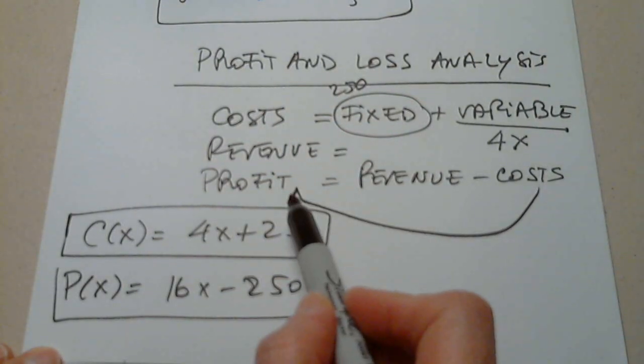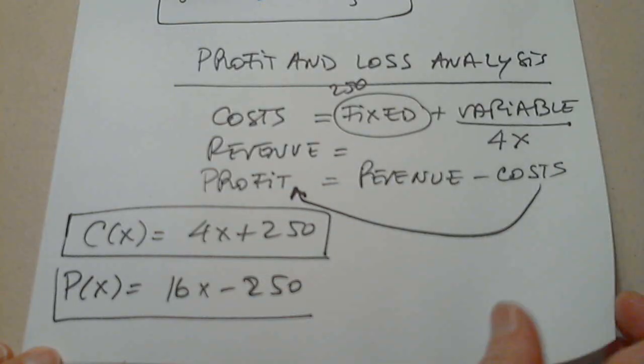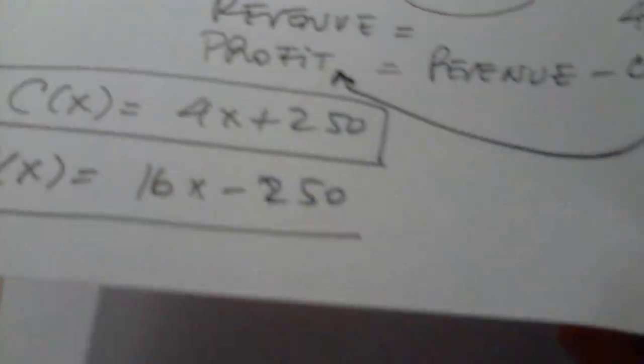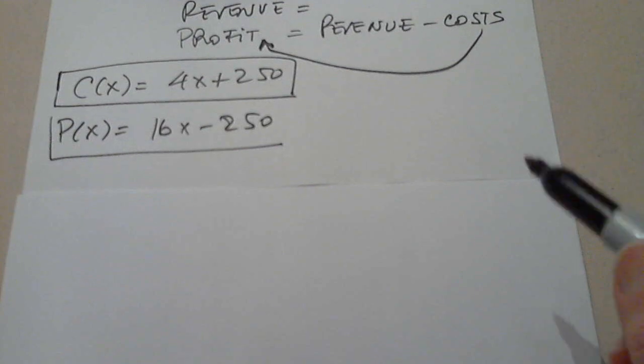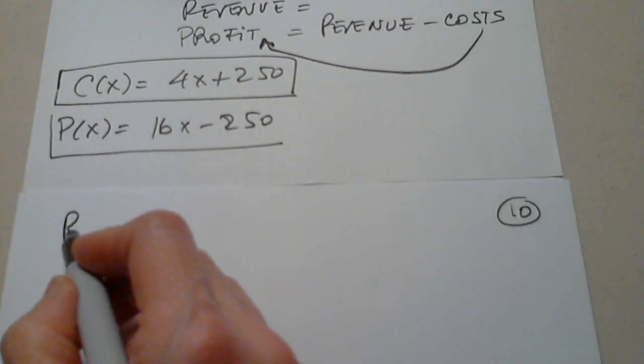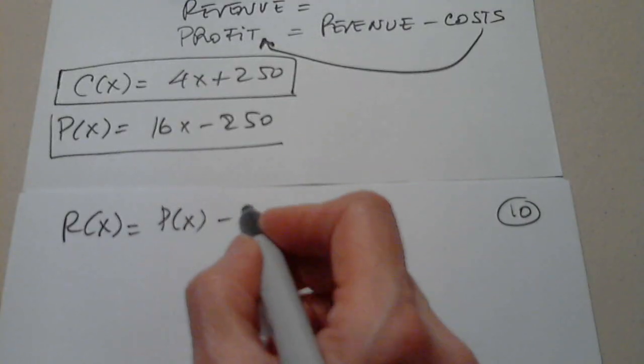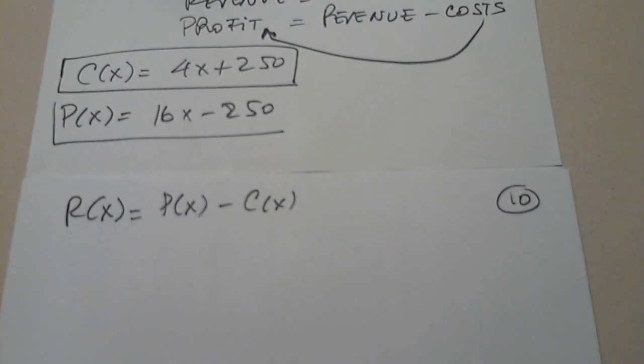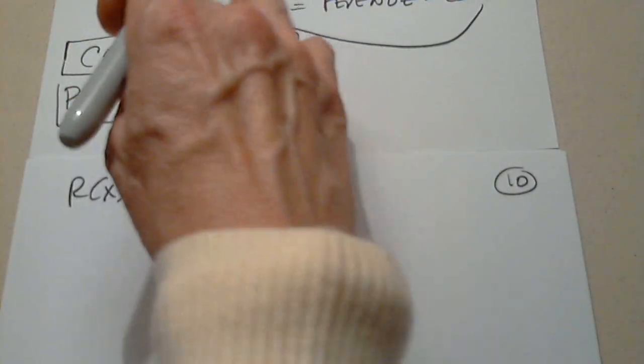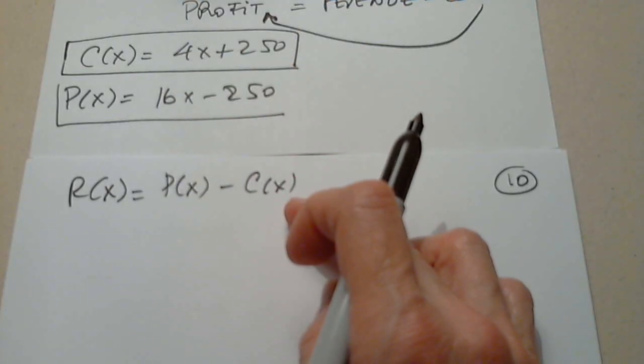I'm going to move the cost to the other side to find the revenue. So R of X revenue equals profit P of X minus cost of X. I have P of X and I have cost of X.